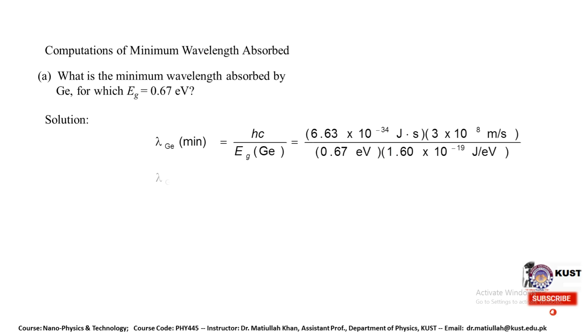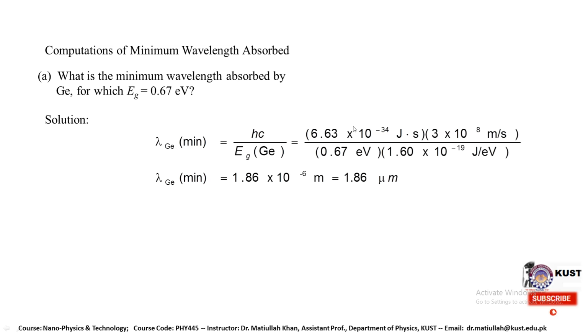So we have the computation for the wavelength in this case. That is called the minimum wavelength that could be absorbed, and it depends upon the band gap. Just like in the case of germanium, we have hc divided by Eg. The same equation is modified: Eg is equal to hc divided by lambda, and by cross multiplication, lambda is equal to hc divided by Eg.